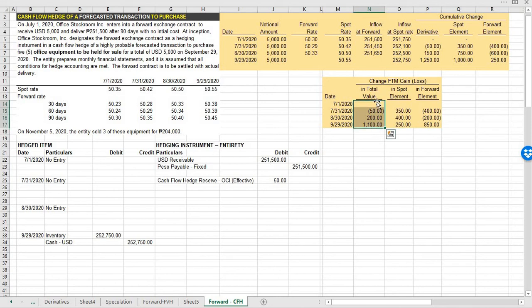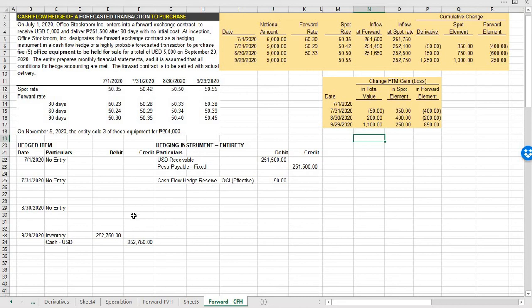Kasi to separate yung effective at ineffective, that will be a very long discussion. Tapos meron tayong mga additional terms na kailangan ma-encounter to fully understand the identification of the effective and ineffective part of the change in the value of the derivative. Kaya ganito na lang muna ang assumption natin. Everything is effective. Kaya lahat nakarecord sa OCI.